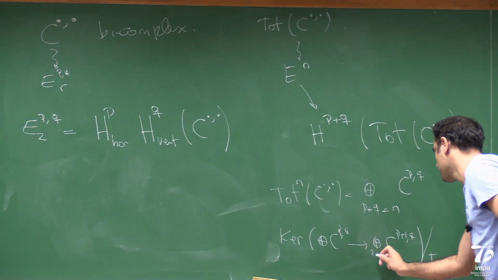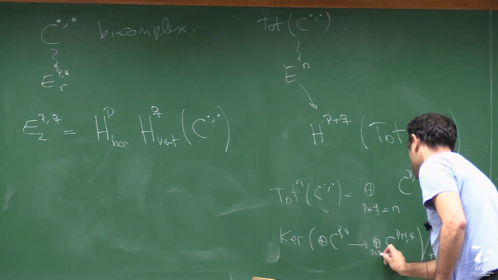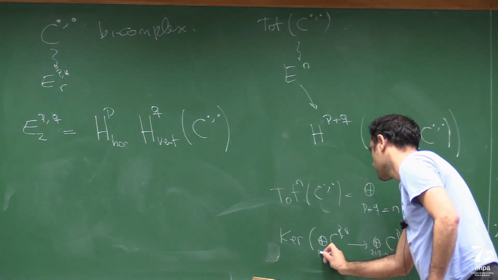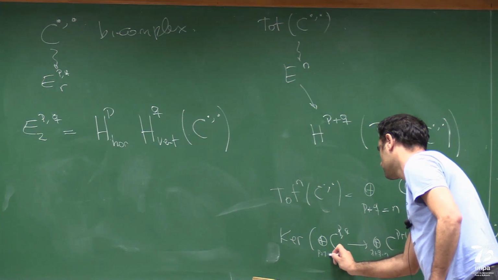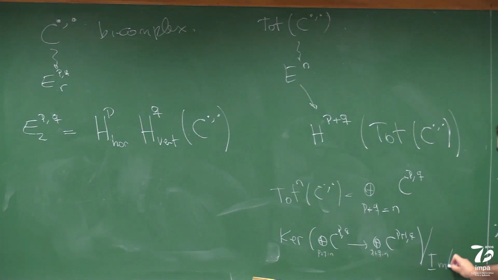Again, this is P plus Q equal to n, same thing. And here P plus Q is equal to n, modulo the image of C_{P minus 1, Q}. Notice that it doesn't matter if I write this plus 1 here or plus 1 there, because it's a sum into this sum to C_PQ. Here P plus Q is equal to n, and here P plus Q is equal to n.